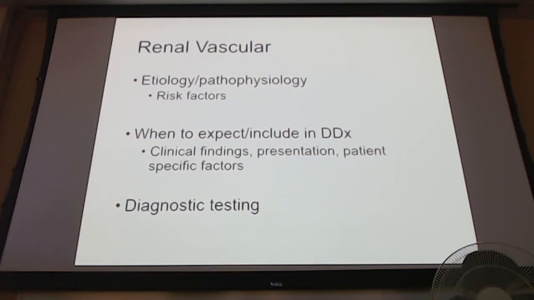So atherosclerotic vascular disease is one of them. What's the other one? Fibromuscular dysplasia. What does fibromuscular dysplasia look like on imaging? Beads on a string of pearls.